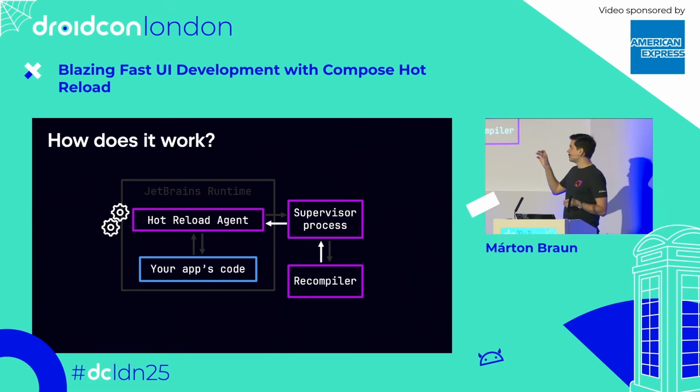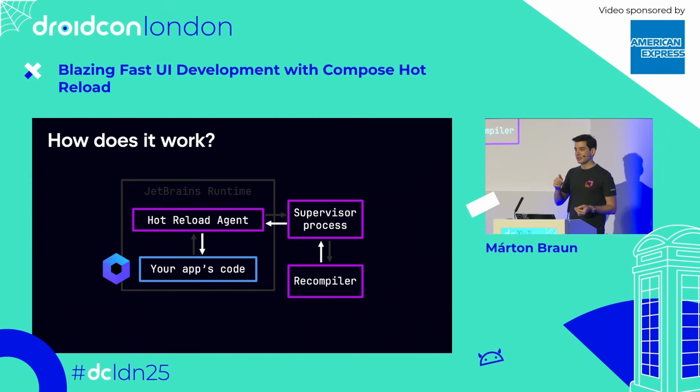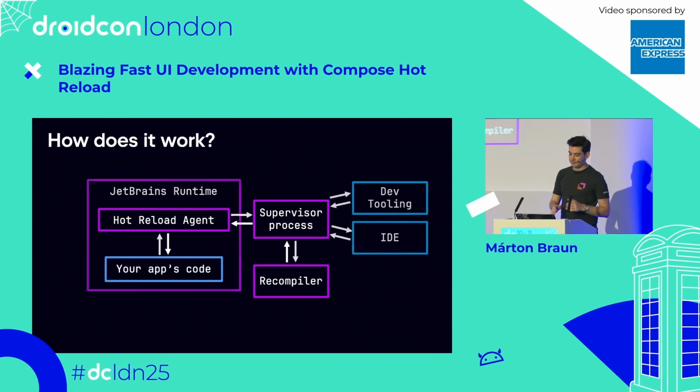So we figure out which parts of the UI will need to invalidate and re-render based on the changes that were just loaded. And finally, as the last step of reloading, we can talk to the compose runtime that's inside your application to essentially drop a certain subtree of your composable code and make it recompose, thereby running the new version of the code that was loaded and showing you the new version of your UI code.